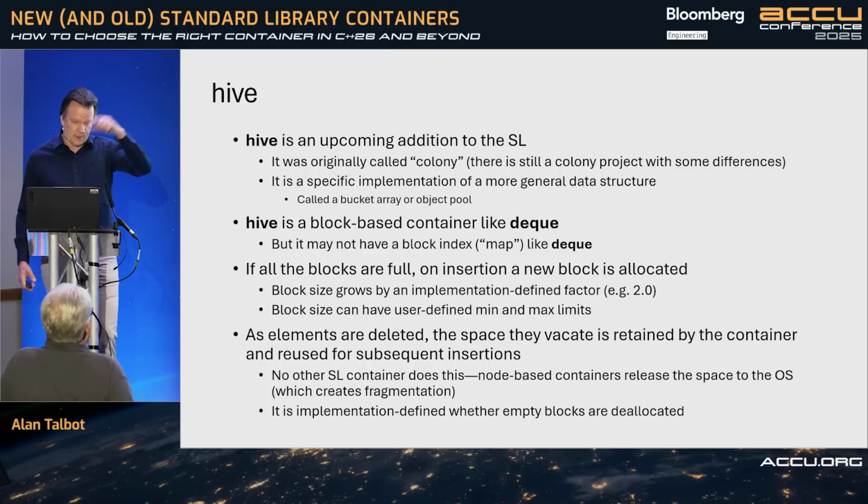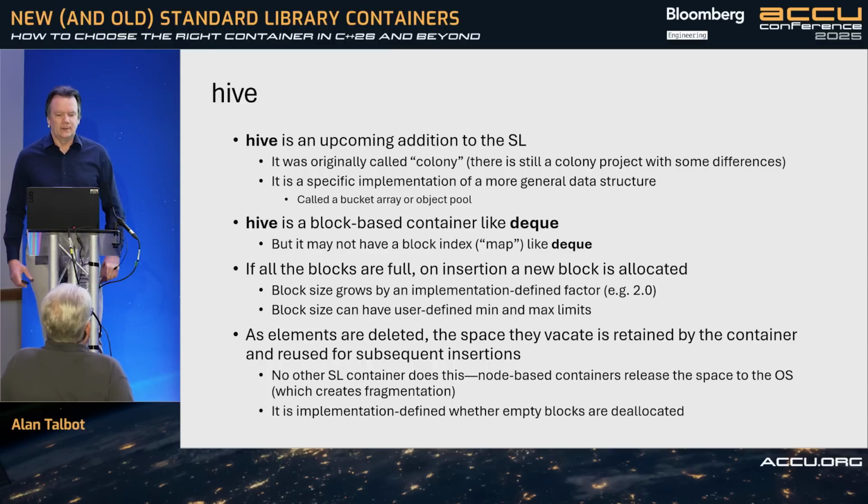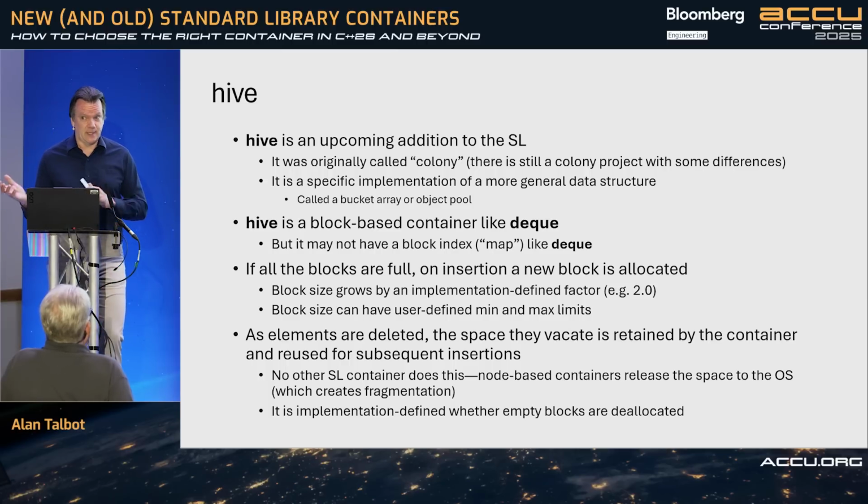It uses a double-linked list of blocks. If the blocks are full, you get a new block that's bigger, and the expansion factor for the reference implementation is 2.0. The blocks can have user-defined min and max sizes, so that's nice. You get some control there.